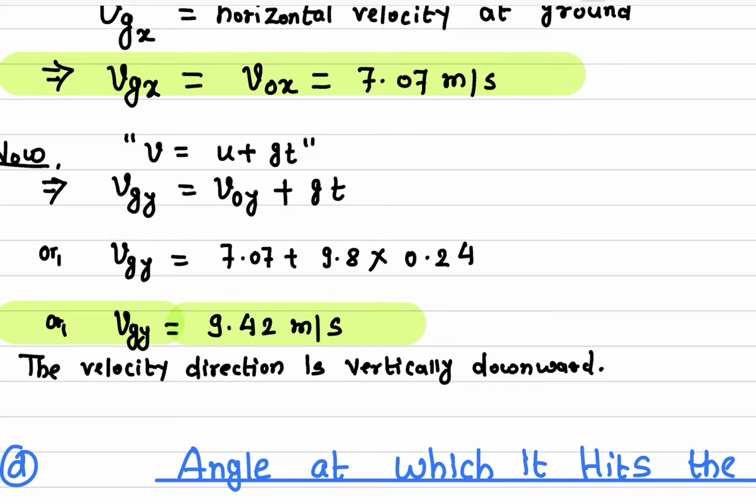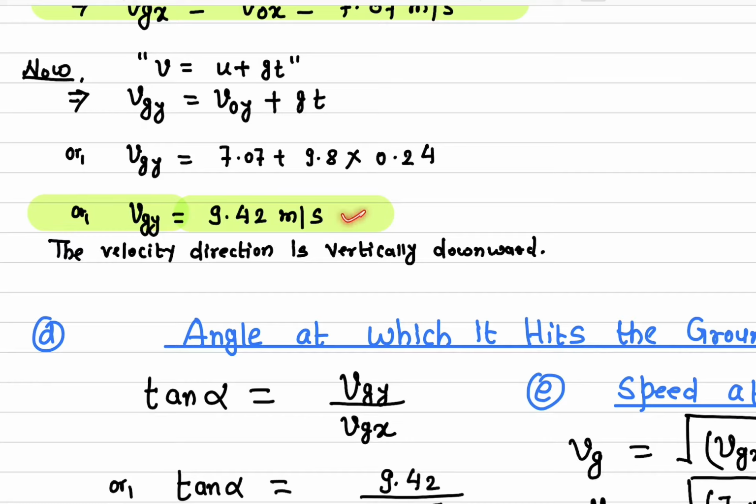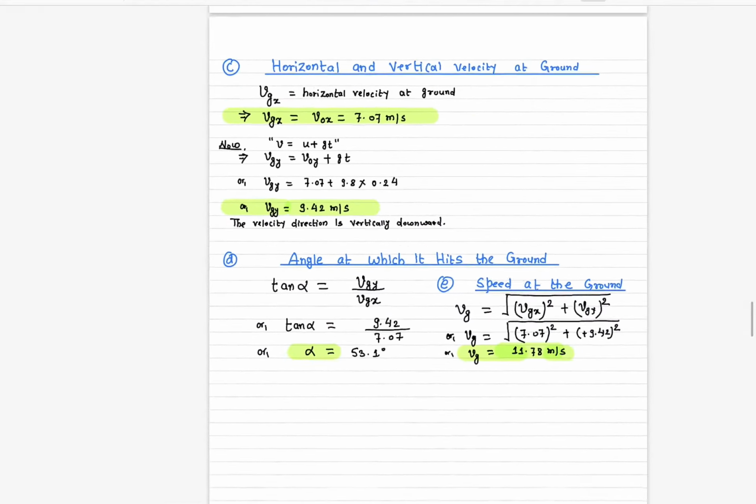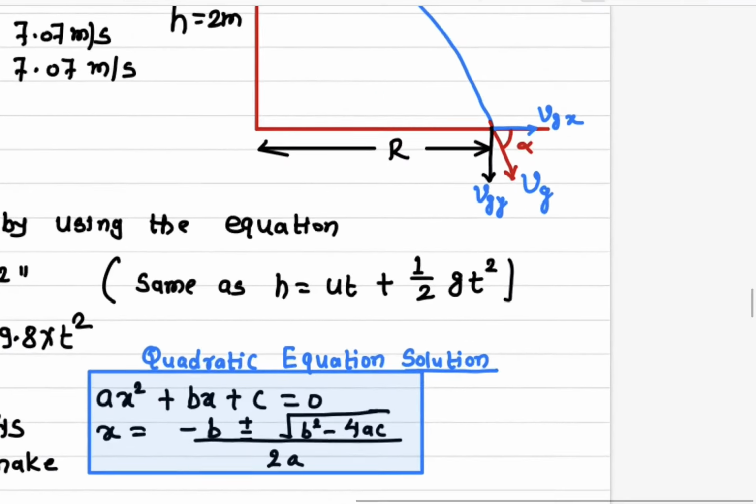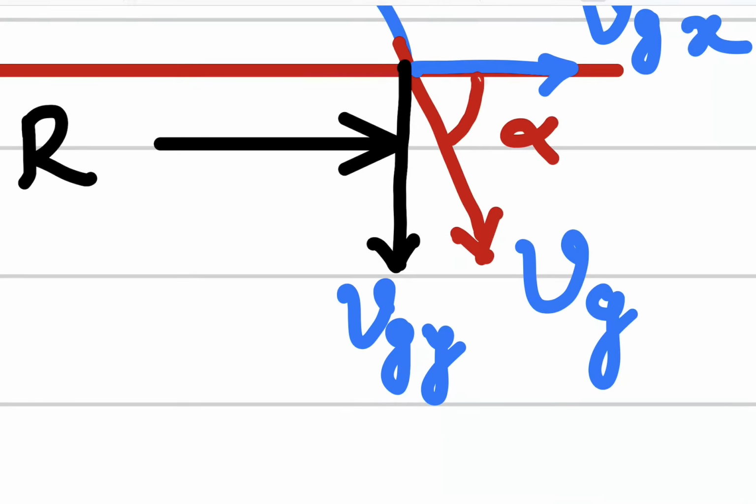We need to calculate this one, and the initial velocity is given 7.07 plus g is 9.8 times 0.24. And the reason we have chosen here plus is because the speed would increase if the velocity is in the downward direction. So we got 9.42 meter per second, and the direction, as this is a velocity, the direction would be vertically downward.